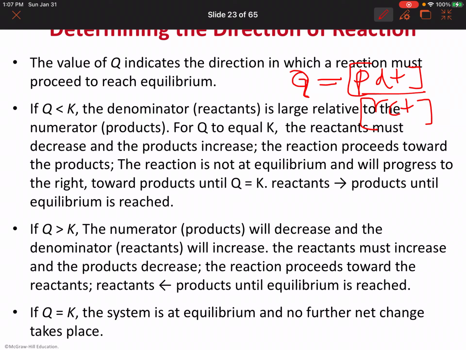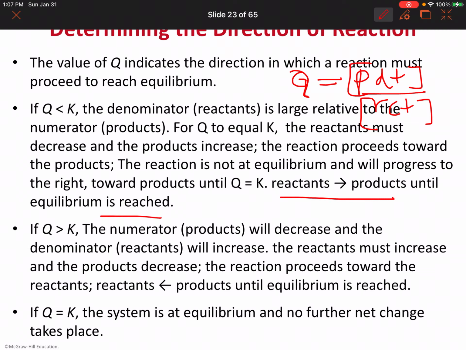So for Q to equal K, the reactants must decrease and the products should increase. So the reaction proceeds towards the products, making more products so we can have a greater Q value. The reaction is not at equilibrium and will progress to the right towards products until Q equals K. So the reaction will proceed making more products, from reactants to products, until equilibrium is reached.